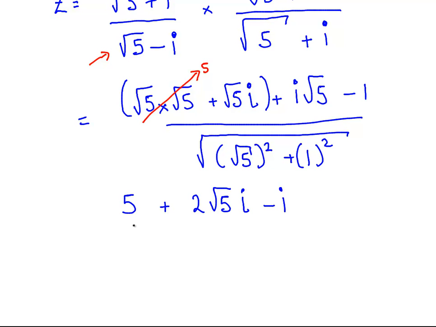Let's just look at the denominator here for a second. We get 5 squared, so that's 5 plus 1, so we get the square root of 6 there on the denominator. Sorry, I've just gone a bit too far here. That should be just a 1 there, minus 1.